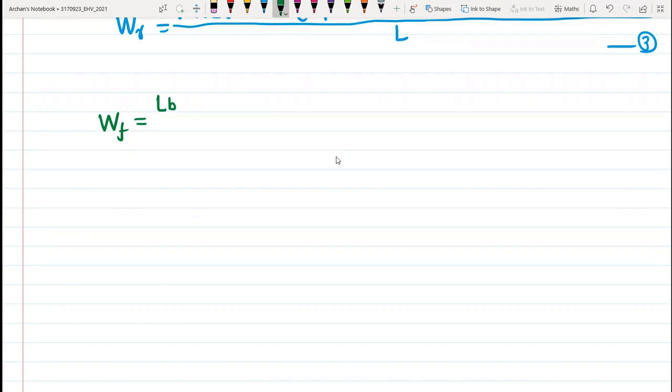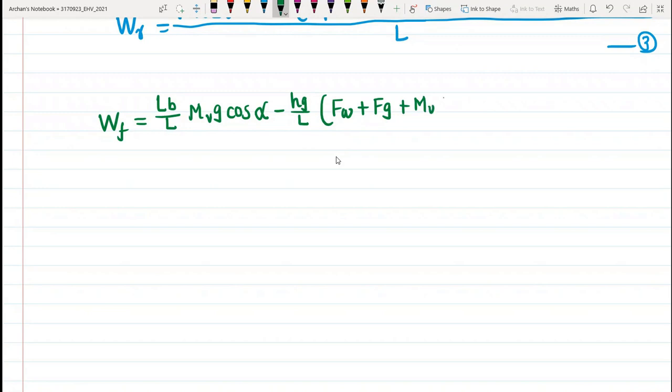It will become Lb by L mvg cos alpha minus Hg by L (Fw plus Fg) plus mvg fr Rd by Hg cos alpha plus mv dv by dt.